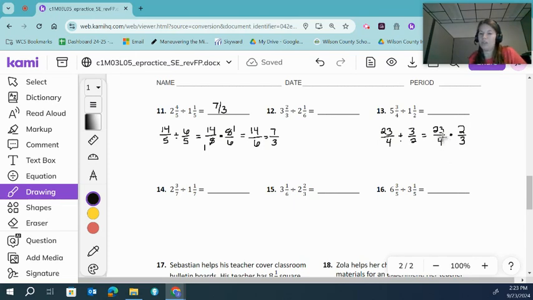Okay, and 2 goes into 4 2 times, and 2 goes into 2 1 time. Okay, 23 times 1 is 23. 2 times 3 is 6. So I have 23 sixths. Okay, and that does not simplify any further.